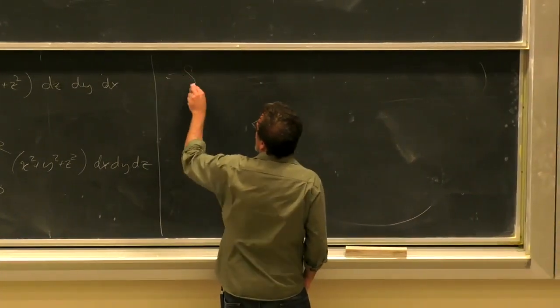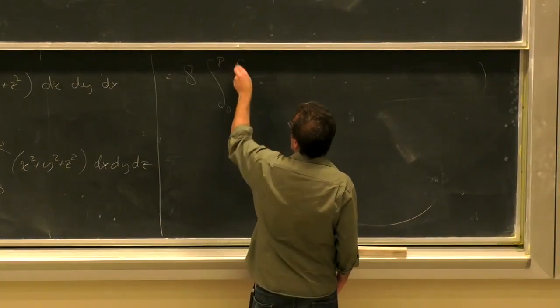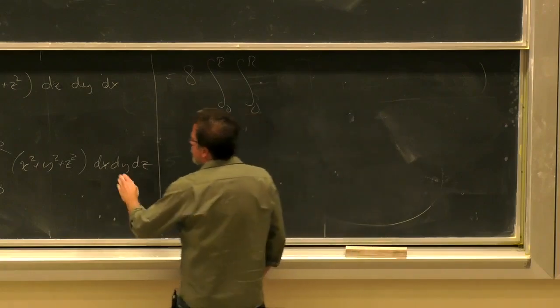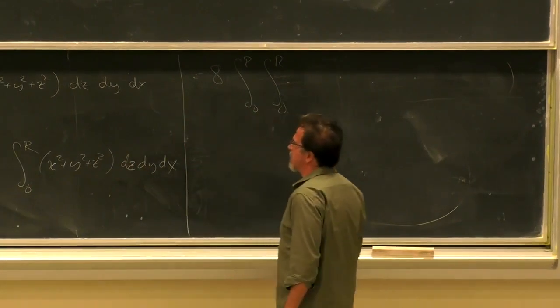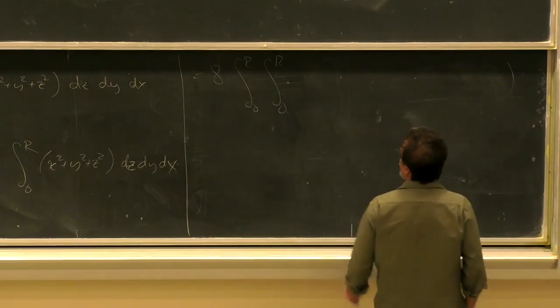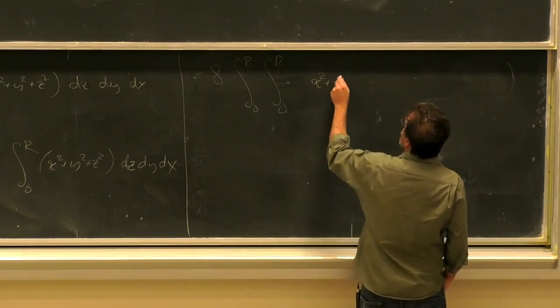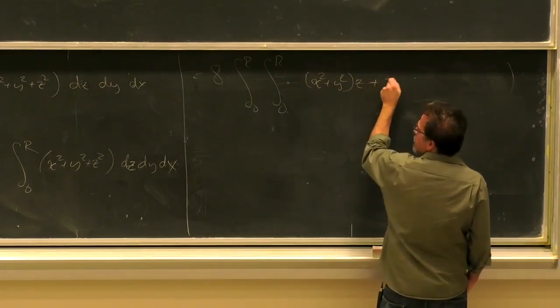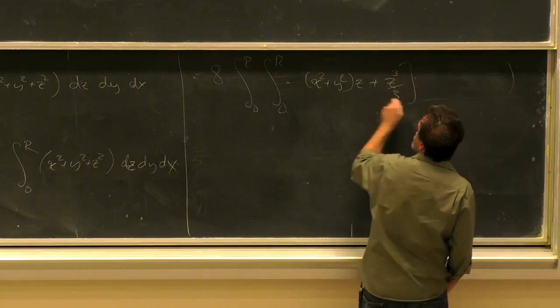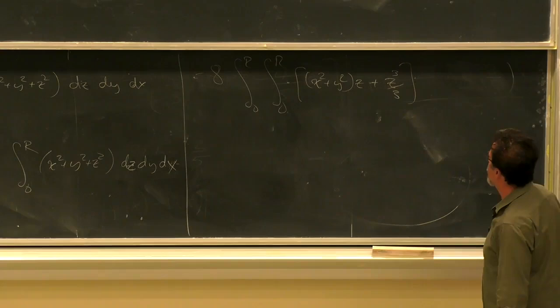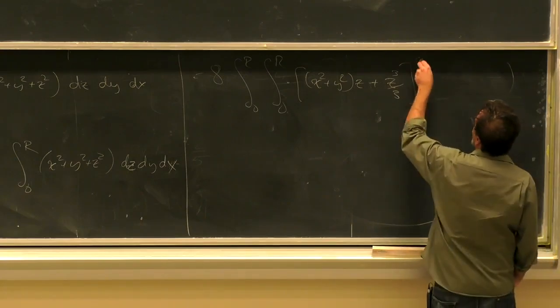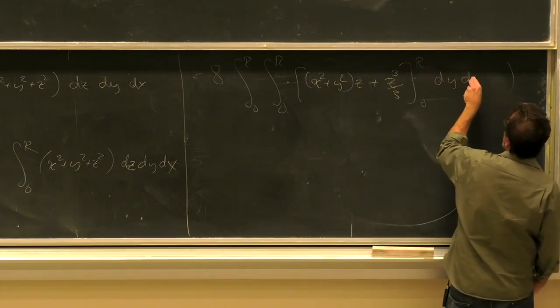So this is going to be equal to 8 times the integral from 0 to r, the integral from 0 to r. Sorry, let me do the z integration first because that's what I said I would do, and the x integration last because that's what I said I would do. And so what we're left with is x squared plus y squared z plus z cubed over 3, evaluated at z equals 0 and r, and then I have to do the y and the x integration.